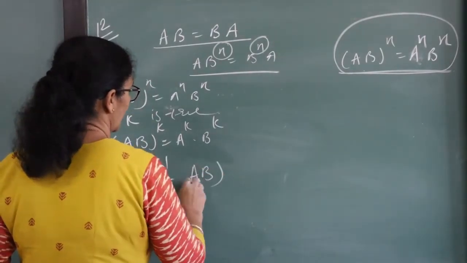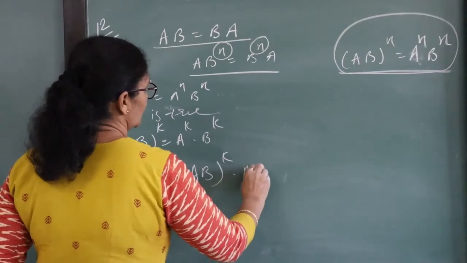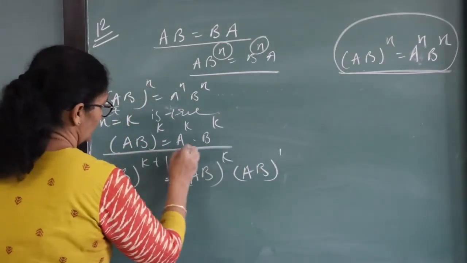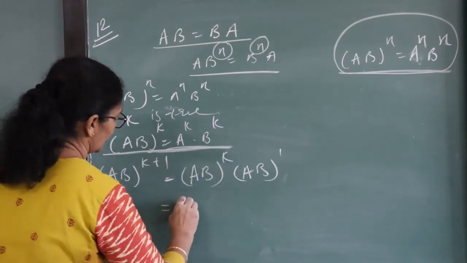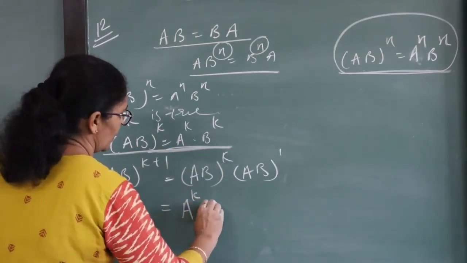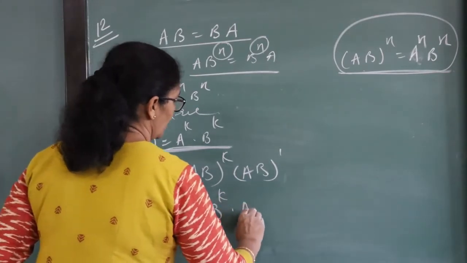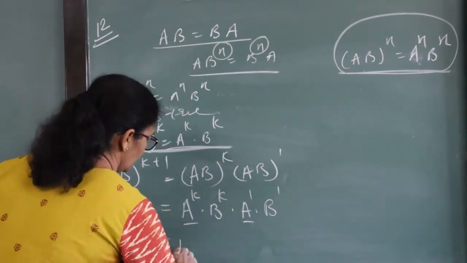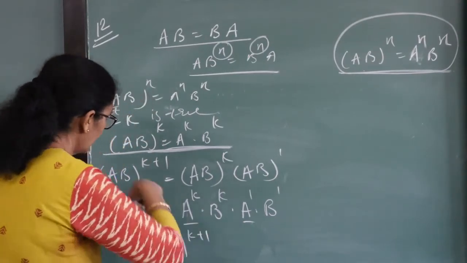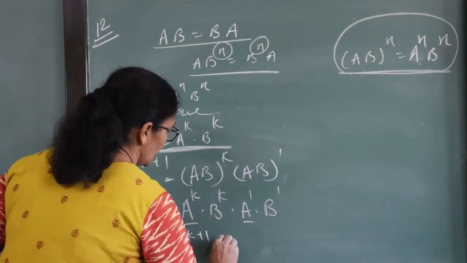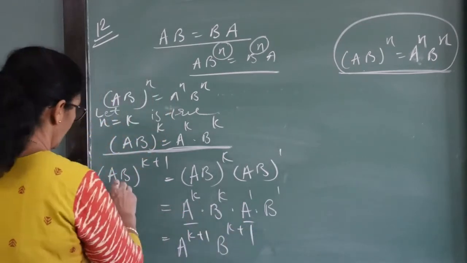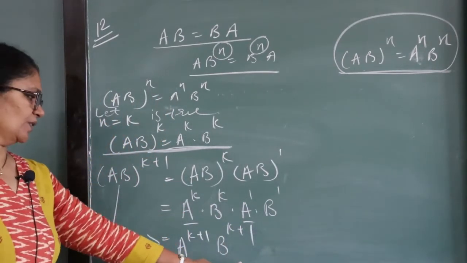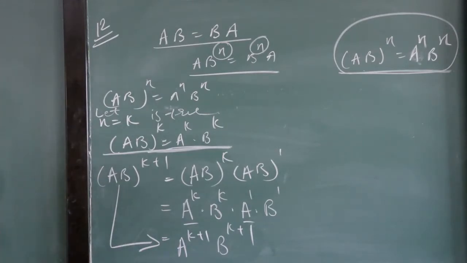Let's split it: (AB) raised to k into (AB) raised to 1. In place of (AB) raised to k, you can use this result because we have taken the assumption for it. So A raised to k into B raised to k into A raised to 1, B raised to 1. Combine this to A raised to k plus 1, and this to B raised to k plus 1. So we have proved (AB) raised to k plus 1 equals A raised to k plus 1 and B raised to k plus 1.